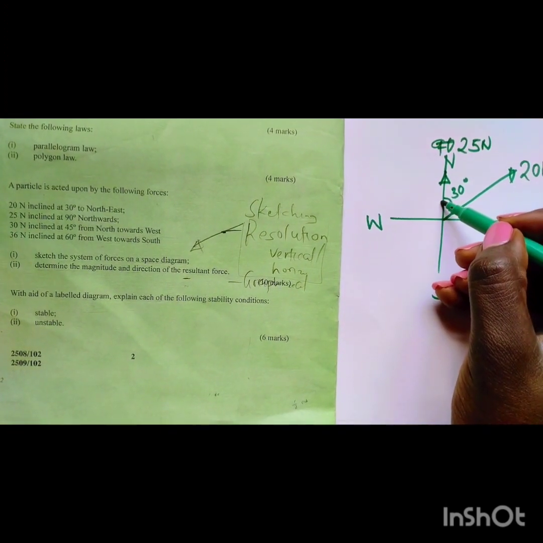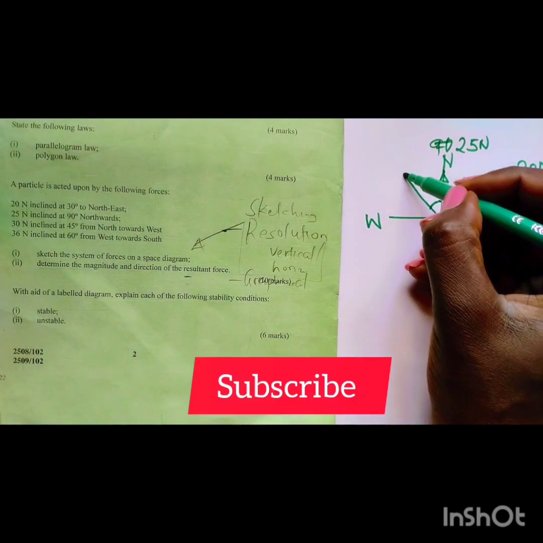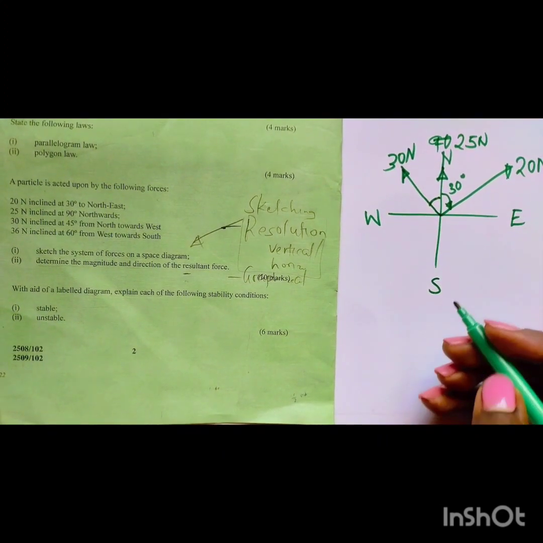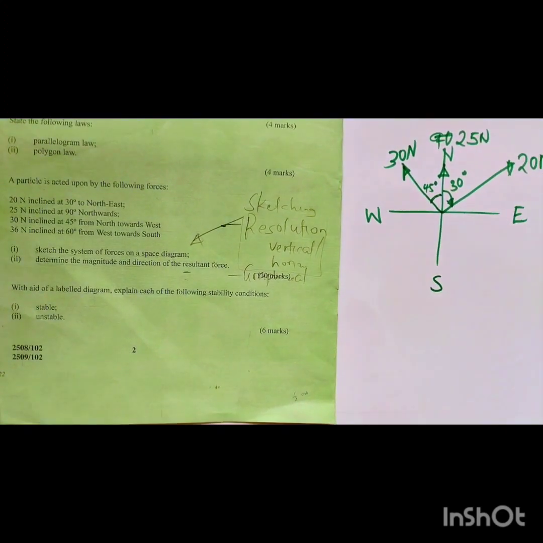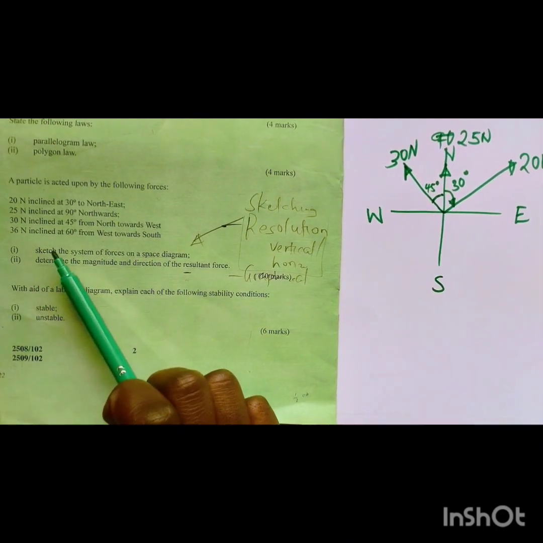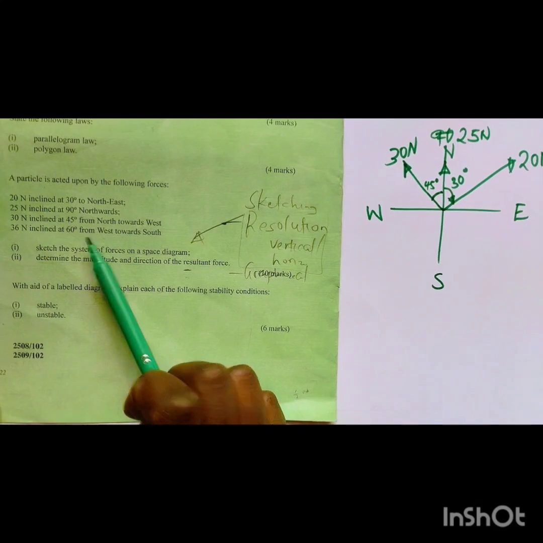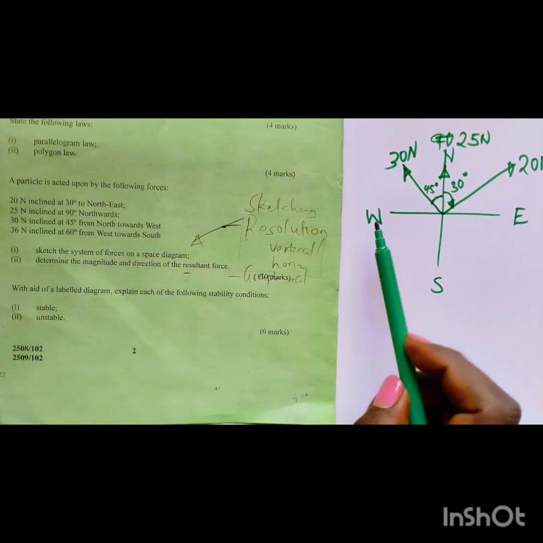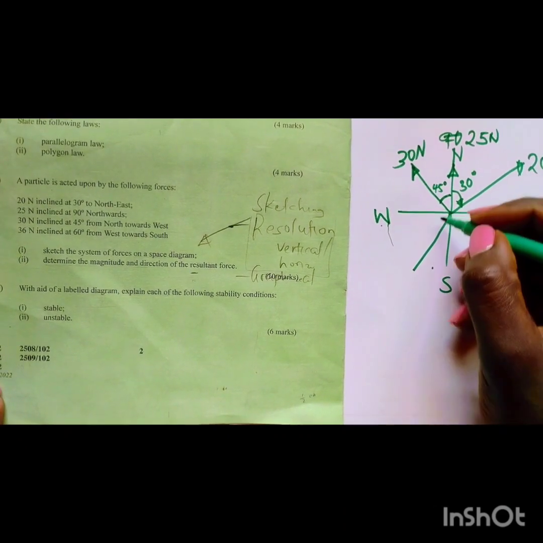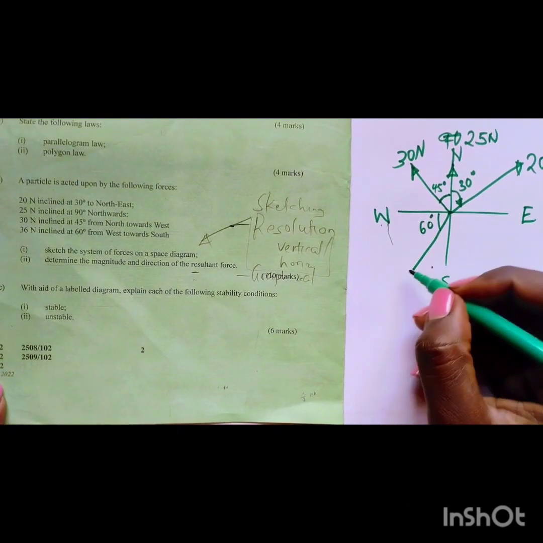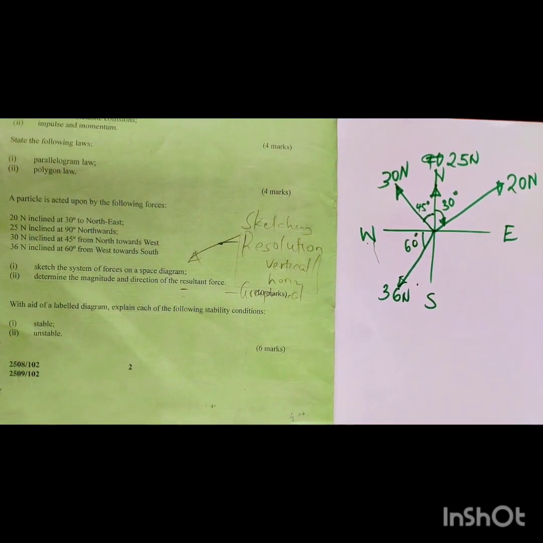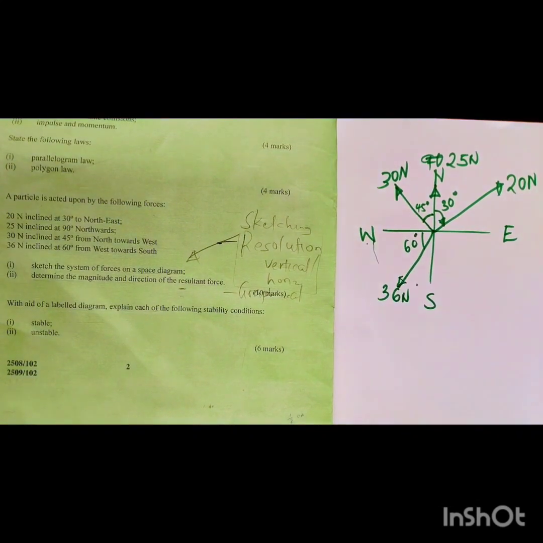So north towards west 45 degrees, we have a force of 30 newtons. And so indicate the angle. And lastly, we have 36 newtons inclined 60 degrees west towards south. So from west to south, that is 60 degrees, and we have this force of 36 newtons. So we have 4 forces.